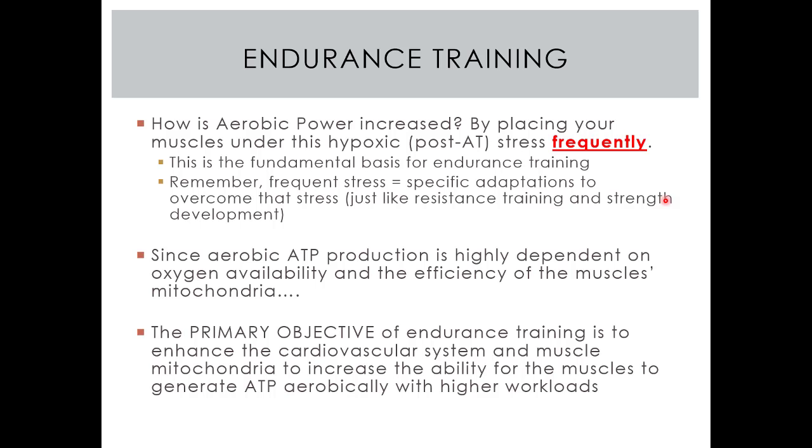So endurance training is anaerobic threshold to post-anaerobic threshold training, because that is the only way that the stress will be imposed for the adaptations to take place that would lead to increased aerobic power and muscular endurance.